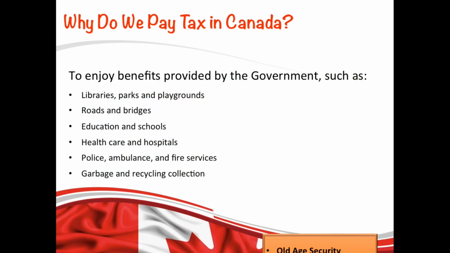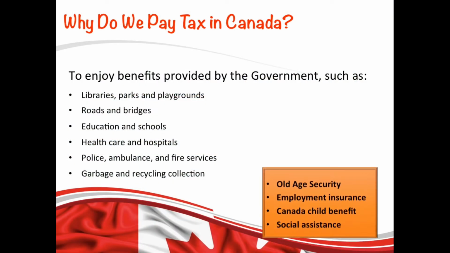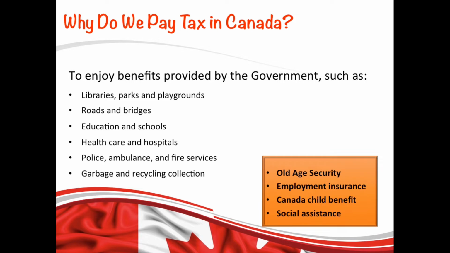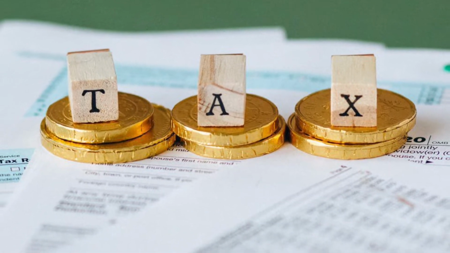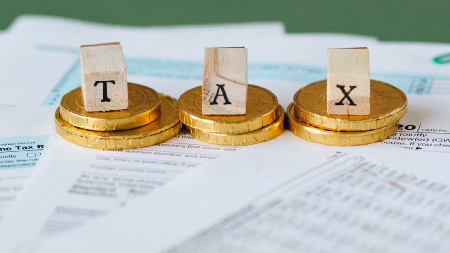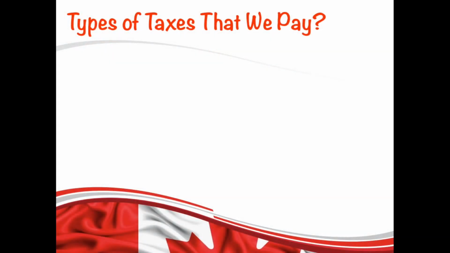It also funds social programs such as old age security, employment insurance, Canada Child Benefit, and social assistance. In other words, the tax that we pay helps the Canadian government fund the programs and services they provide.